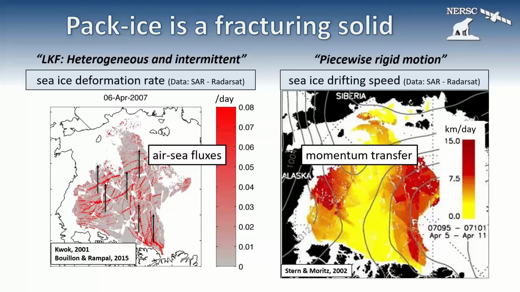We're interested in how this affects momentum transfer from the ice to the ocean, in the case of a discontinuous velocity field, and also the ASC fluxes through these linear kinematic features, which essentially are ridges and leads in the end. So this should have a substantial effect on the coupling between ocean and ice.